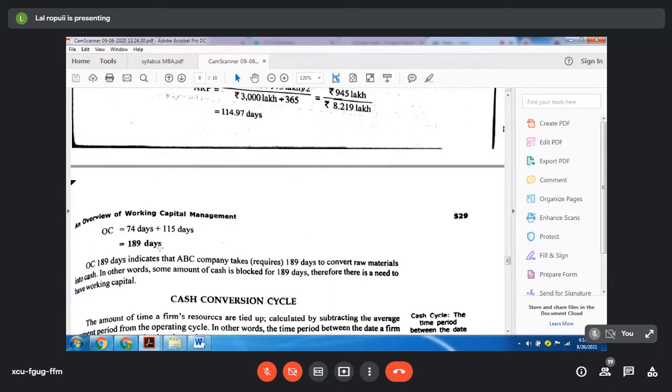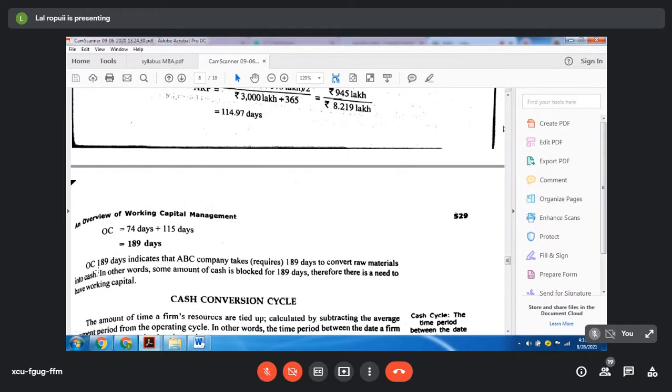So for 189 days, your capital will be stuck somewhere in the production process. You will be calculating the requirements for your working capital, because your capital will be stuck for nearly 200 days out of one year.